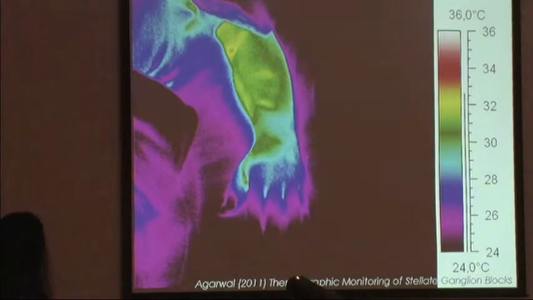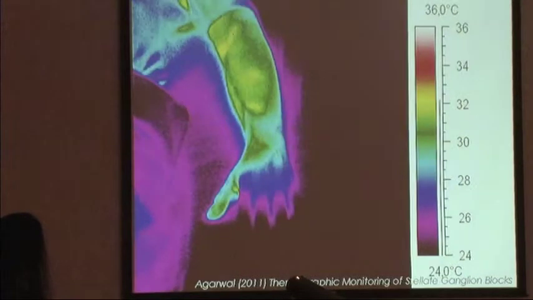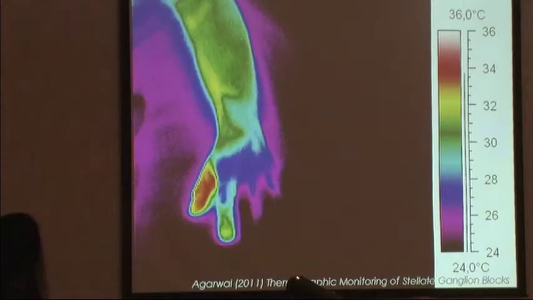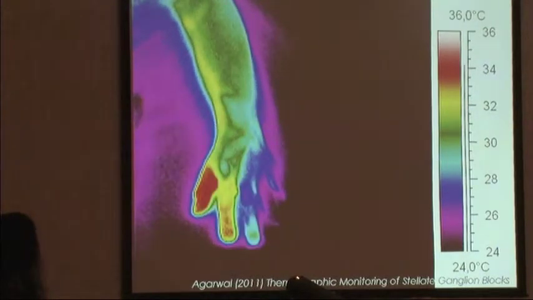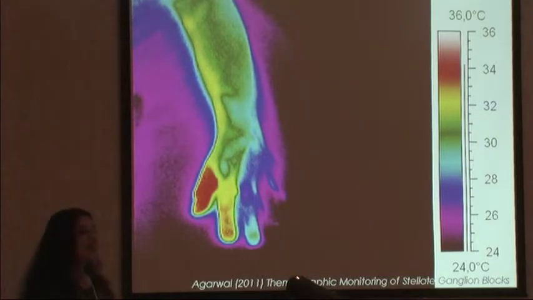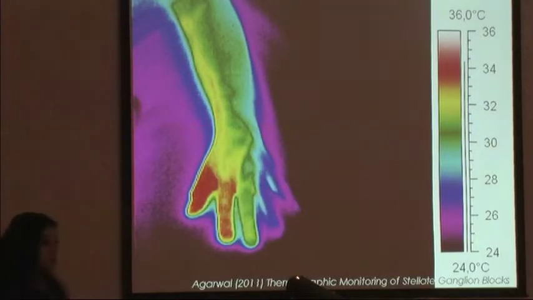And what we saw was that the C6 and C7 dermatome was lighting up instead of the whole hand warming up. So we could explain to the patient and also to the student, who was very disappointed that he couldn't do it the right way, what was going on, and that he just didn't meet the right anatomic structure.